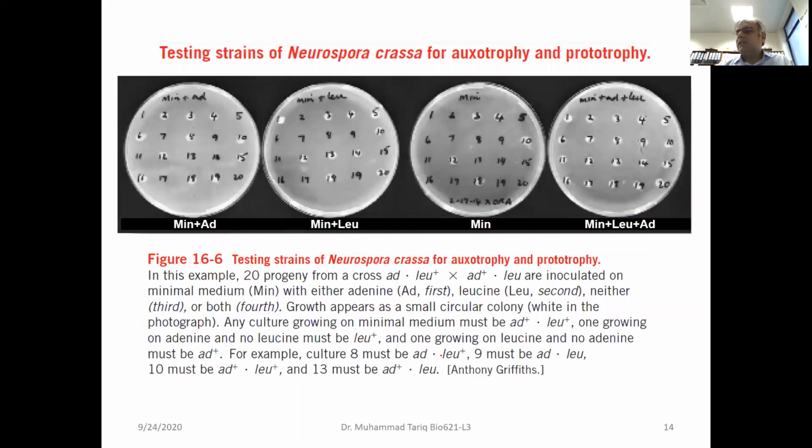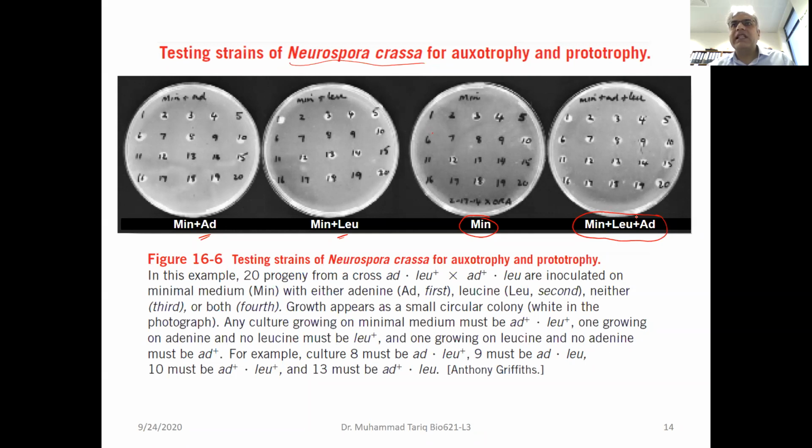This is the picture from another organism called Neurospora crassa. You can see what you will get. They screened for adenine, which is another amino acid, and leucine is another one. Now, this is the minimal media with leucine and adenine.